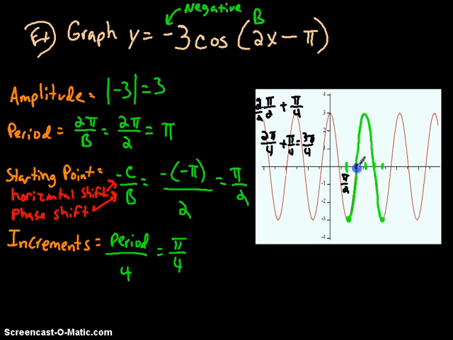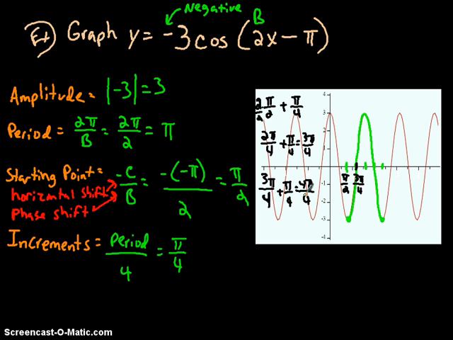The next increment here is at 3 pi over 4, which is great, because when you add pi over 4 to it, you get a nice easy pattern to work with. 3 pi over 4 plus pi over 4 is 4 pi over 4.